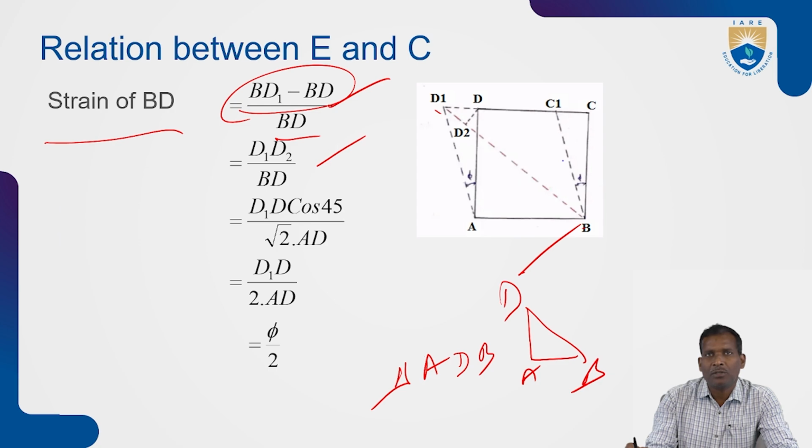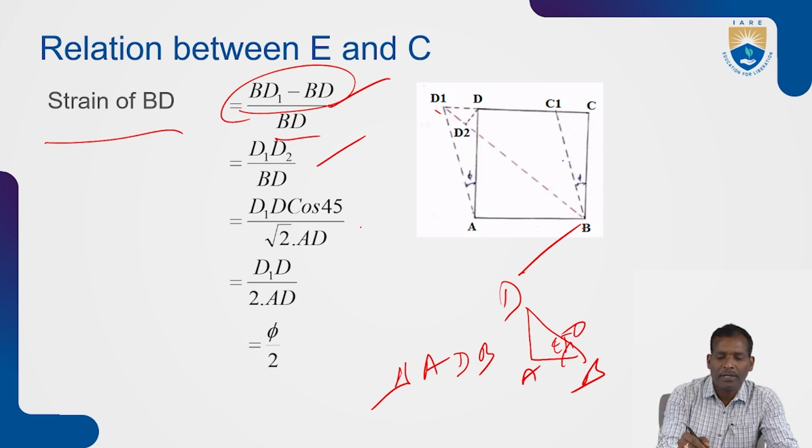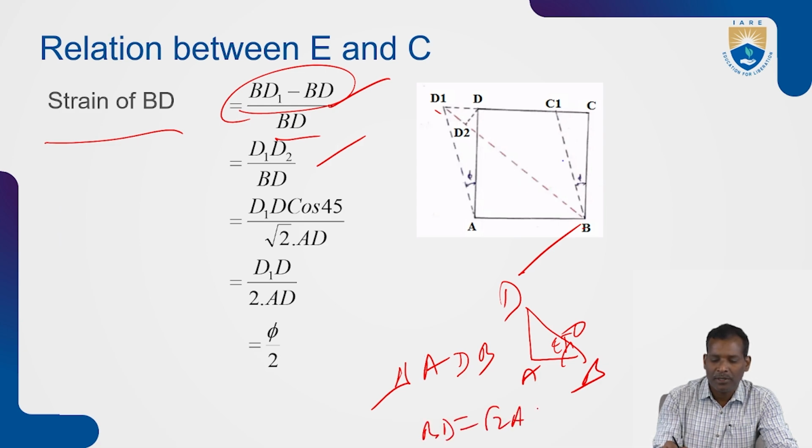Taking 45 degrees, we can write cos 45 with D1D, and then upon root 2 AD. BD is equal to root 2 AD. Cos 45 is opposite by hypotenuse, so you know sin 45 is equal to 1 by root 2.